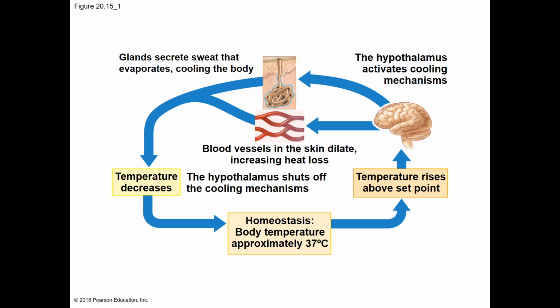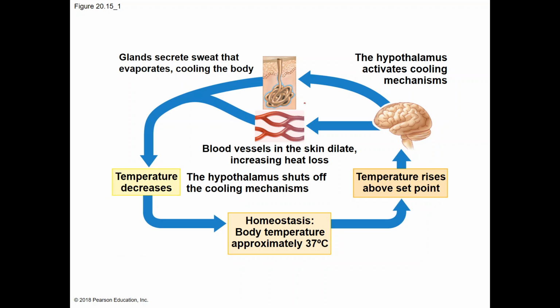So we have the glands and the systems here that regulate body temperature. The glands that would secrete sweat if we get too hot, the glands that would cause the blood vessels to dilate if we get too cold. That brings the blood closer to the internal organs to keep our internal temperature warmer.